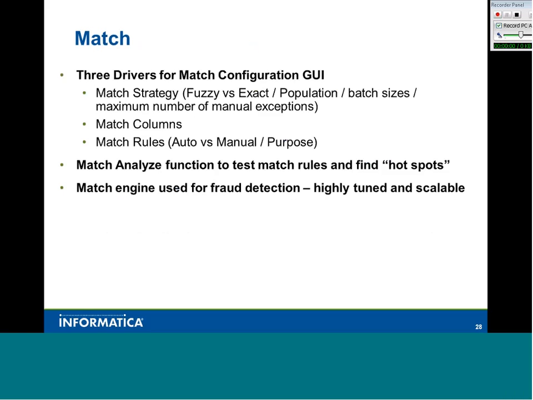One of the ways to analyze matching is to take a realistic sample of your data. By realistic, I don't mean a very large sample, but it should be realistic based on the kind of population of match that you have. So take a realistic sample and run some matches to see how many results you get.